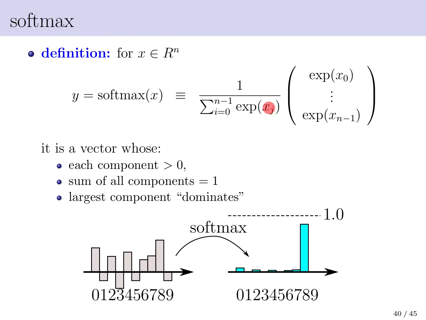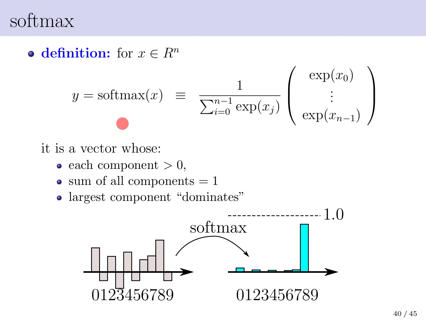You basically take the exponential of each component, and you simply normalize this exponential by dividing it by the sum of all these components. This is essentially a normalization term that guarantees that the sum of all these components becomes exactly one.